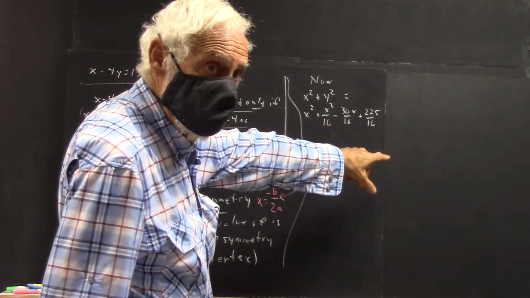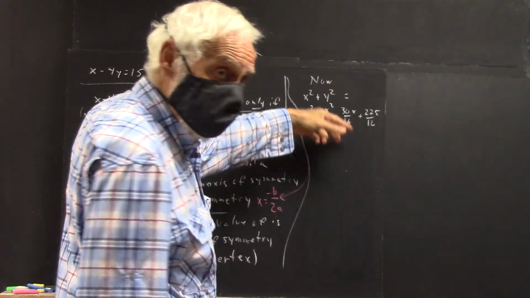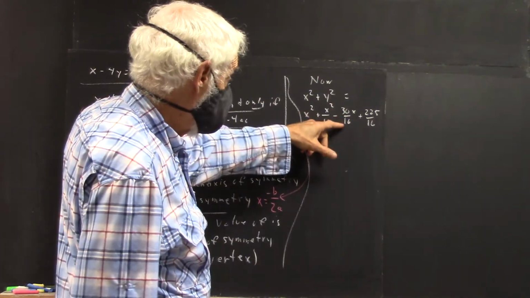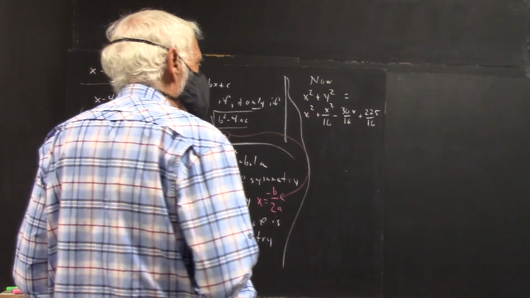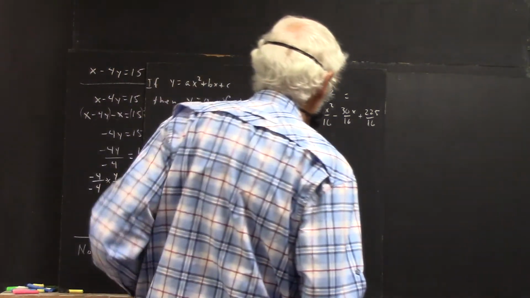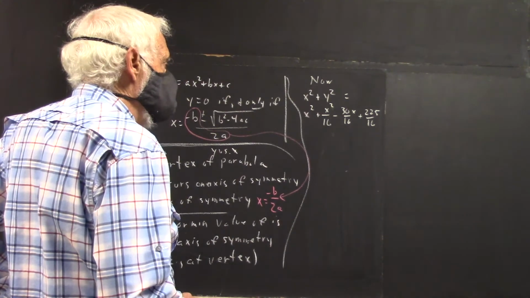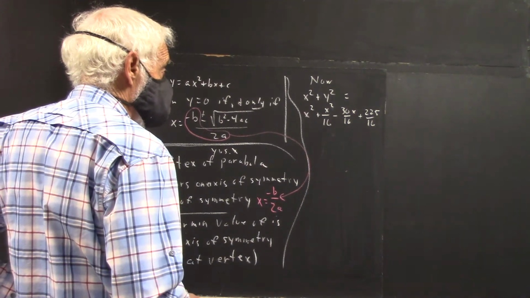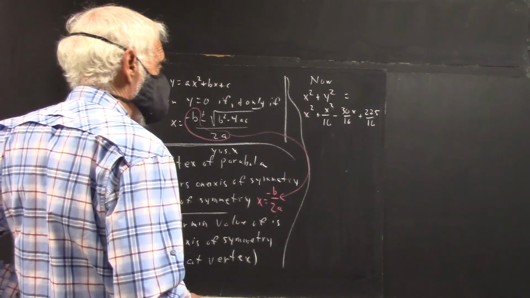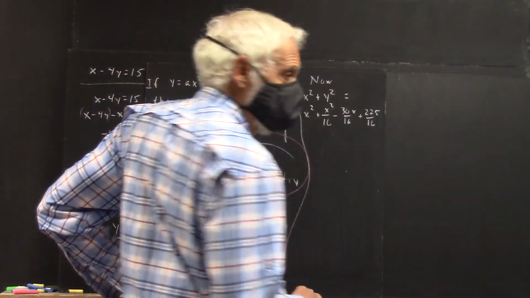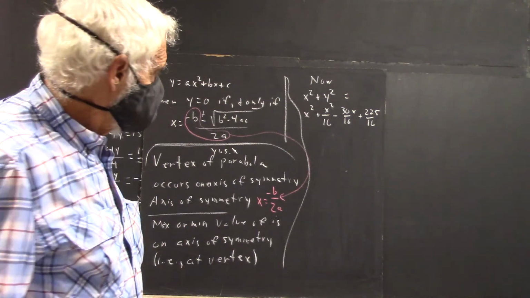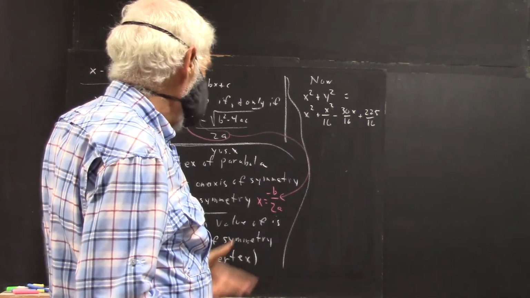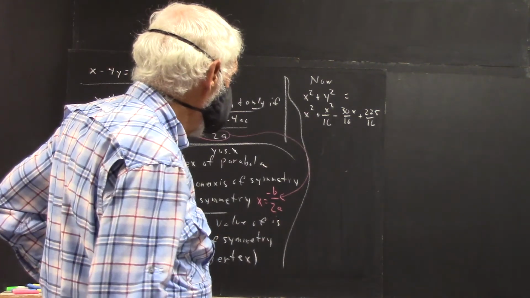So there it is. Now 30x over 16 reduces to 15x over 8. You divide both the 30 and the 16 by 4, but I'm going to leave it in this form. Because what I want to do now is, maybe I don't want to do that. What I really want to do is factor out a 1/16, but that gets complicated with the x squared.